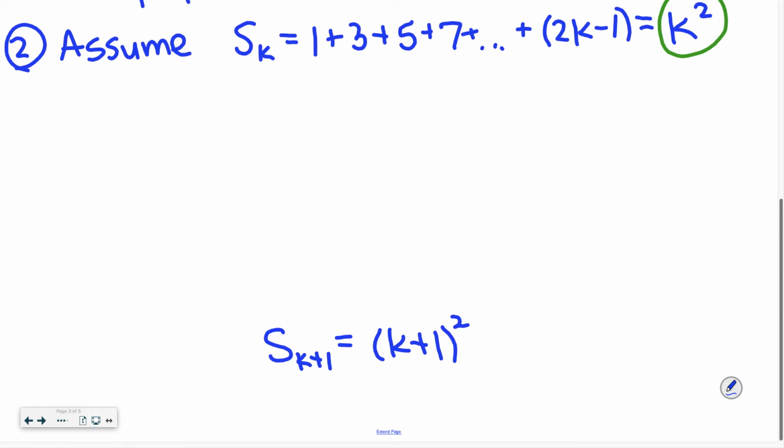So all that work we just did in our homework, you took this and we wrote it here. Okay? Well, let's talk about what that k plus 1 sum would look like.